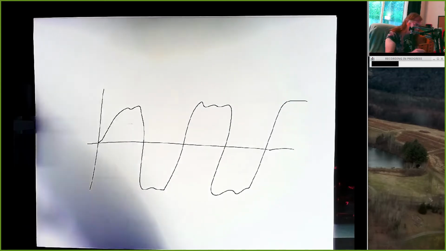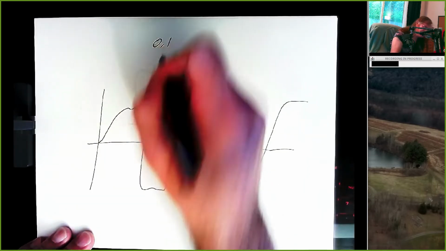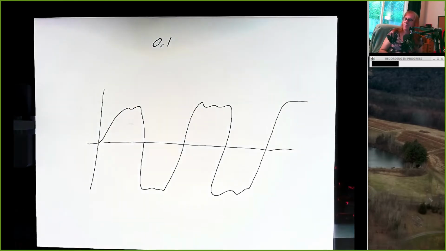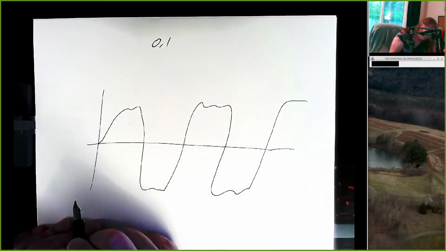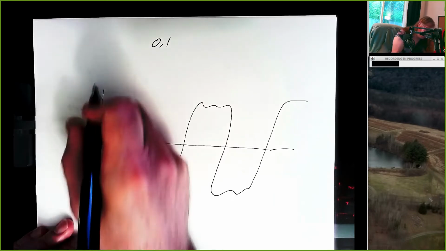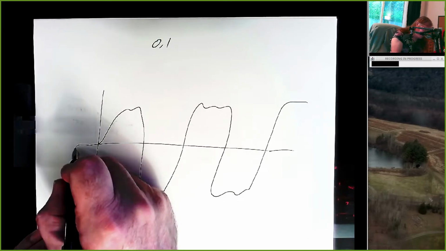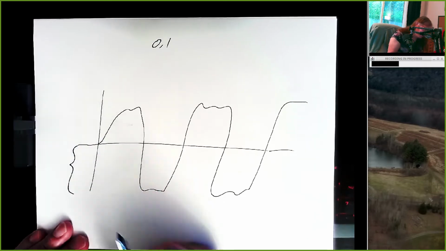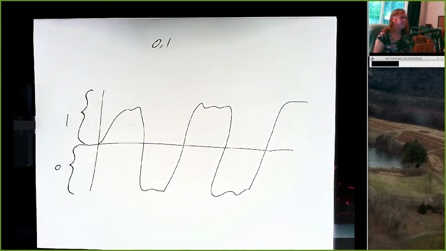And we approximate it by saying, hey, we're only concerned with two things, a 0 and a 1. And so we split our range of possible values into two buckets. And basically we're going to say everything down here is a 0, everything up here is a 1.